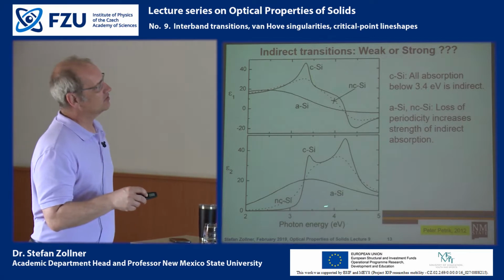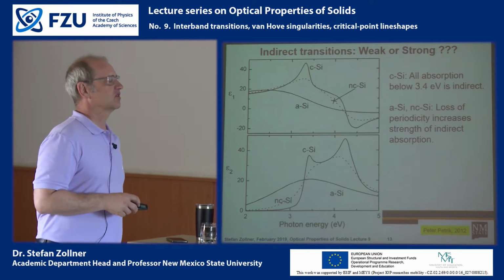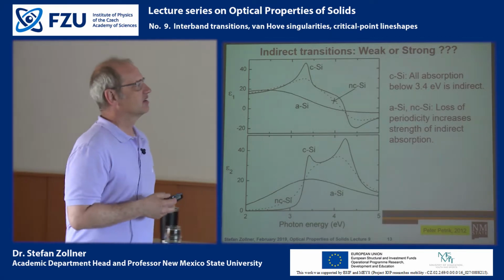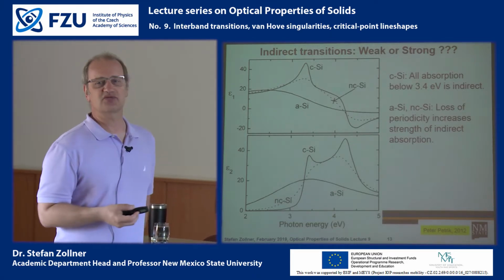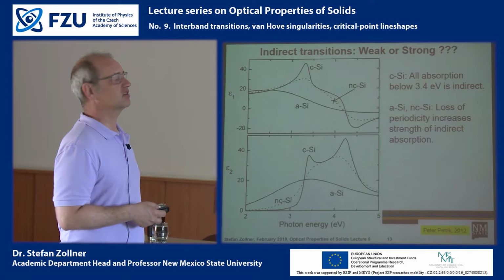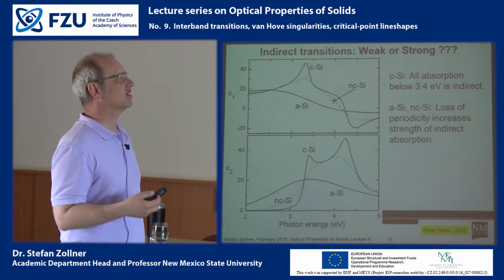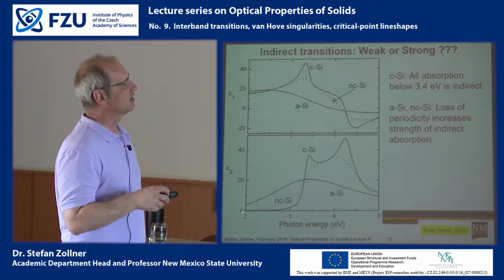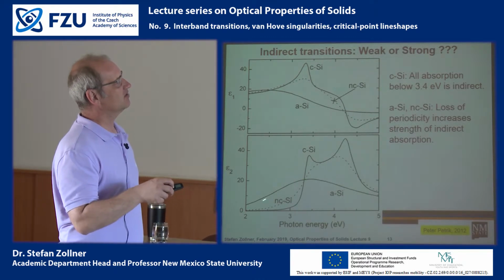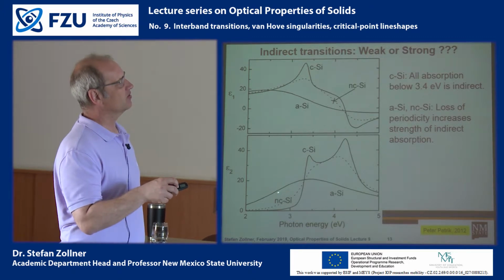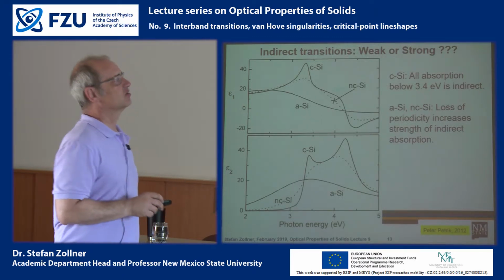If we go to amorphous silicon, then the selection rule for crystal momentum is completely relaxed, because in amorphous silicon we no longer have any long-range ordering, and therefore in amorphous silicon we see a very different spectrum, where the transitions below 3 electron volts are much stronger than in crystalline silicon.